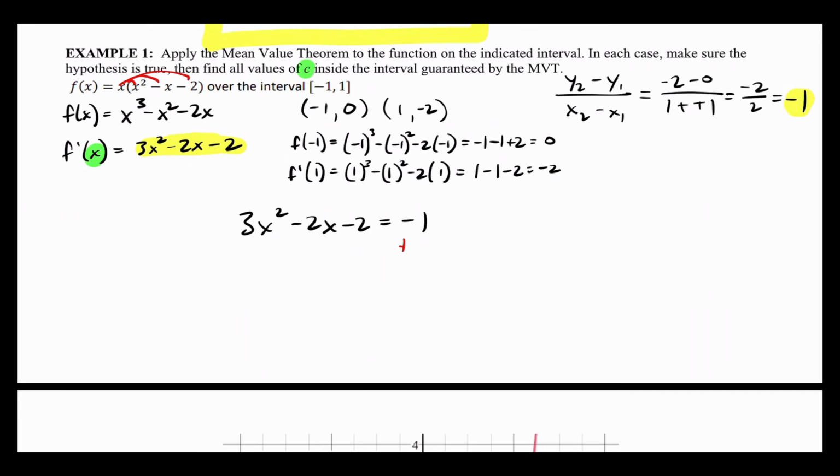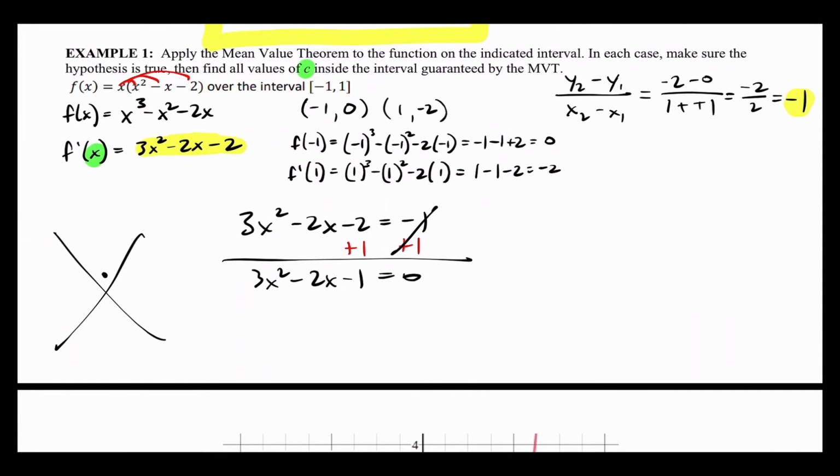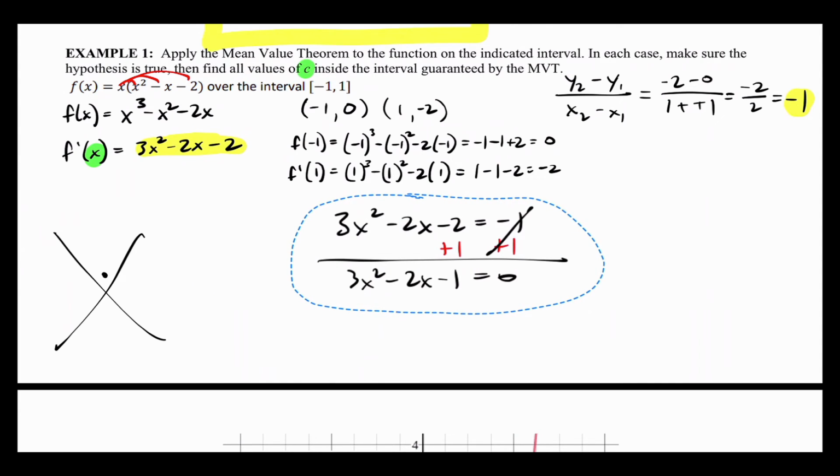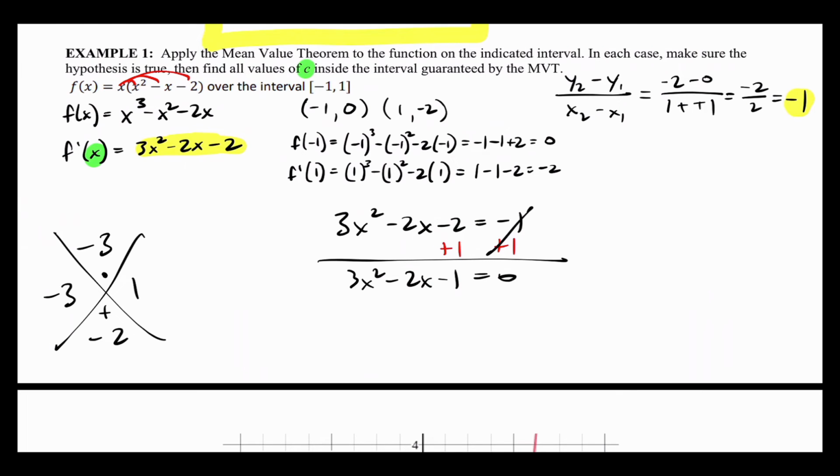Okay? So I'm going to add 1 to both sides. It's a quadratic function. 3x squared minus 2x minus 1 equals 0. Let's see. So it's going to be negative 3 and 1, which add up to be negative 2.